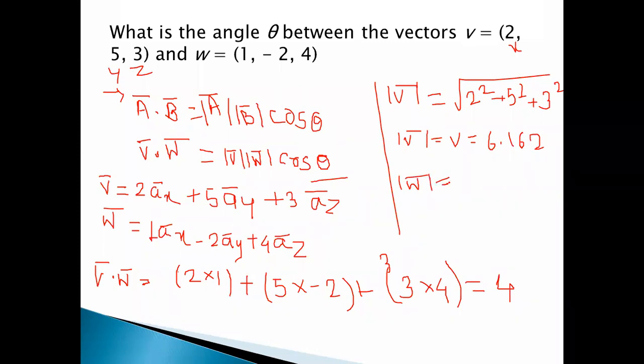In the same way, you find this mod of W bar, 4.58. Okay, then you can now find the cos theta and then find theta here. So finally tell me the answer of theta only.